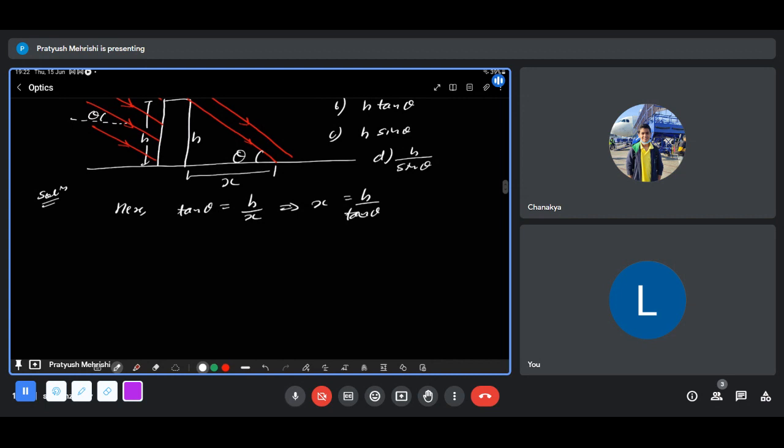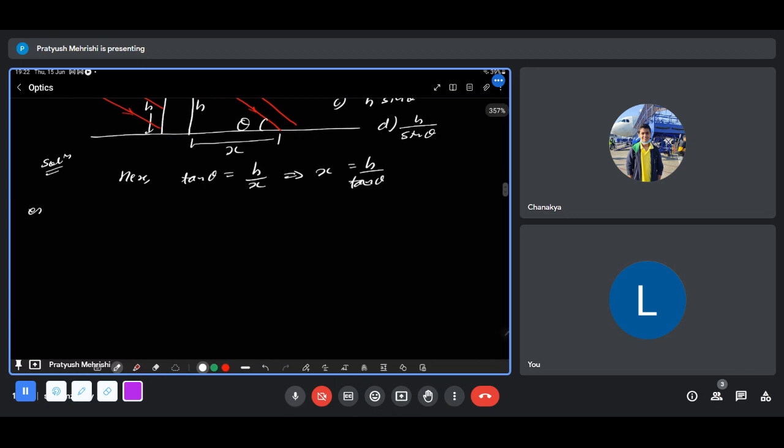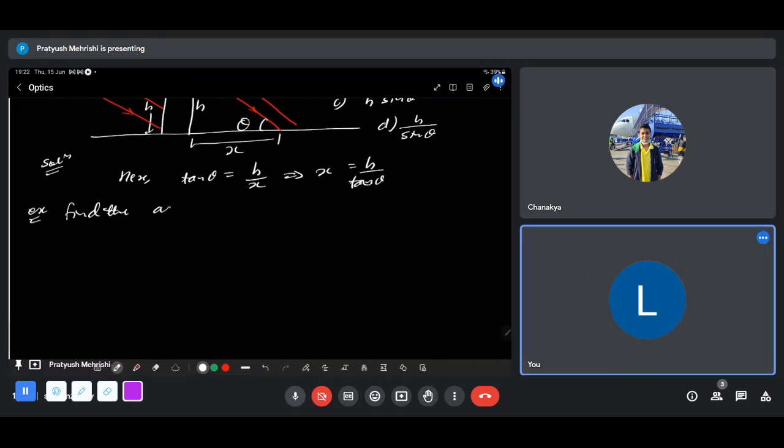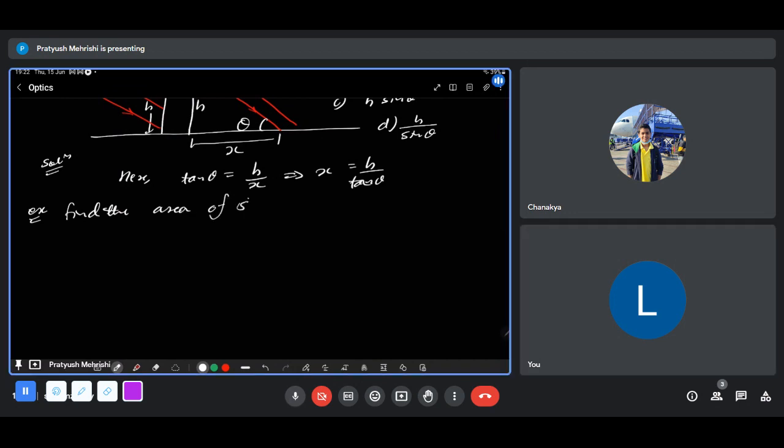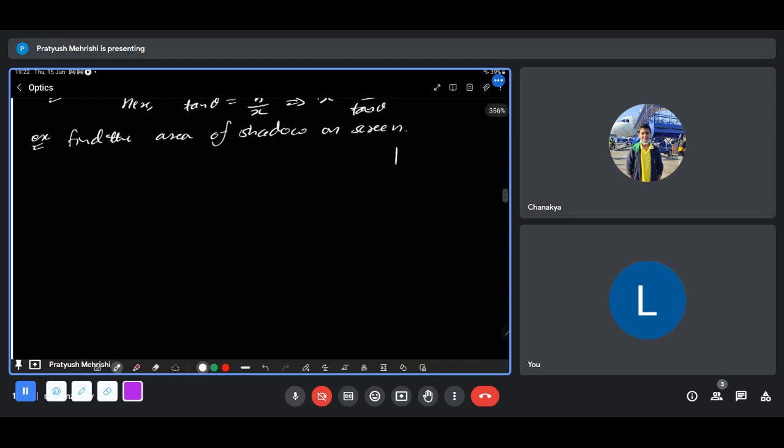Fine. Next question is, find the area of shadow on screen.